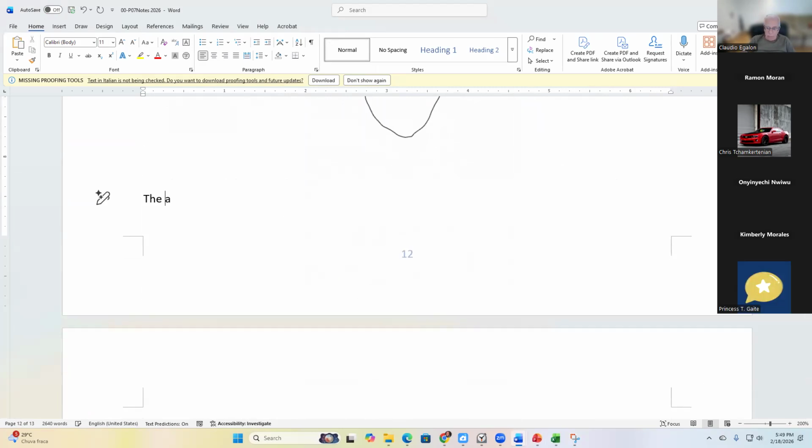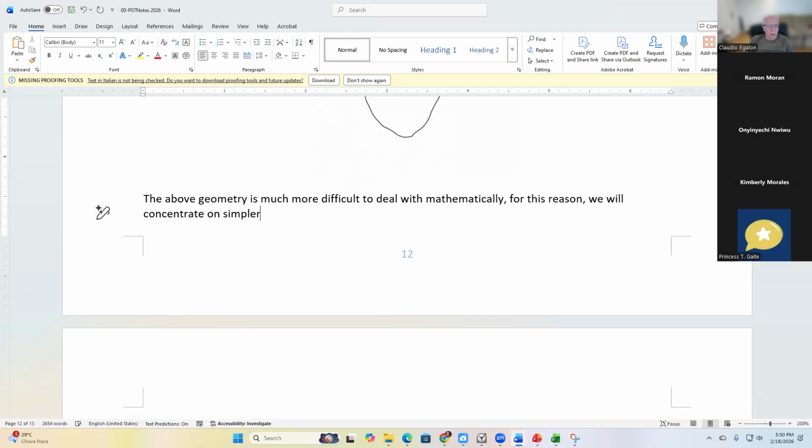The above geometry is much more difficult to deal with mathematically. For this reason, we will concentrate on simpler geometries. Almost there, right?